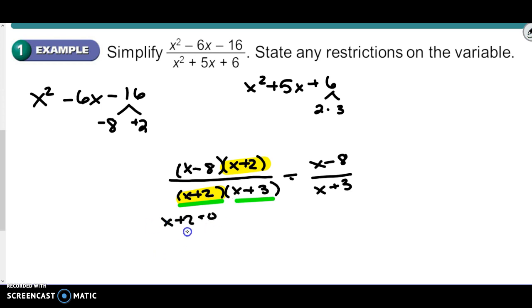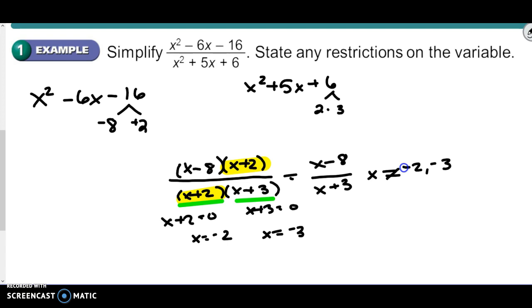So subtract 2 from both sides, and we have x is negative 2. x plus 3 is 0. So you subtract 3 from both sides, and you get x is negative 3. Alright, so the final answer then is x minus 8 over x plus 3, and x cannot equal negative 2 and negative 3. Alright, hopefully that makes sense.